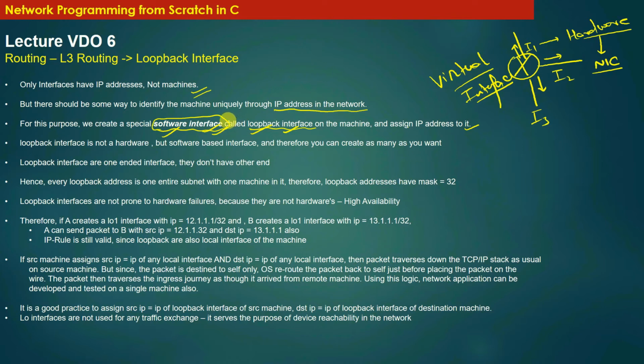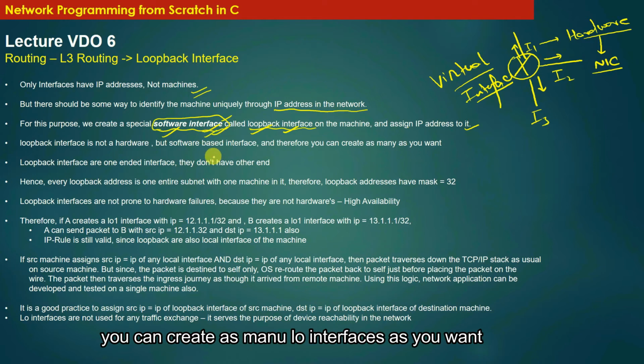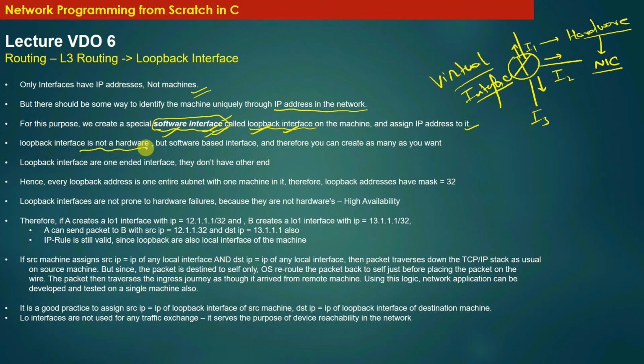Now, since loopback interfaces are software interfaces, you can create as many loopback interfaces as you want. You don't have to buy them from the market because they are software based. Loopback interfaces are one-ended interfaces, they don't have another end.